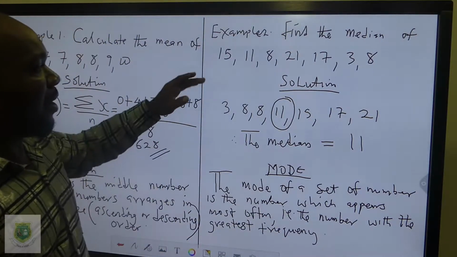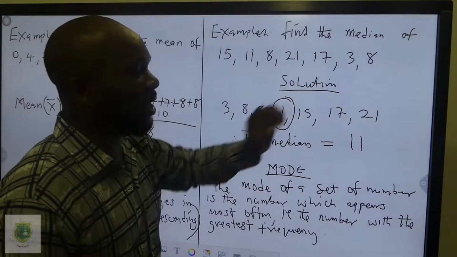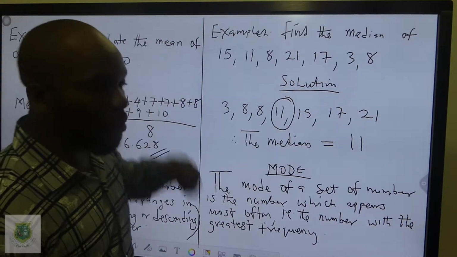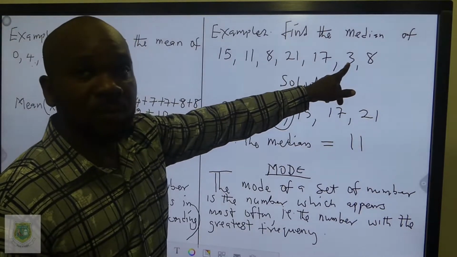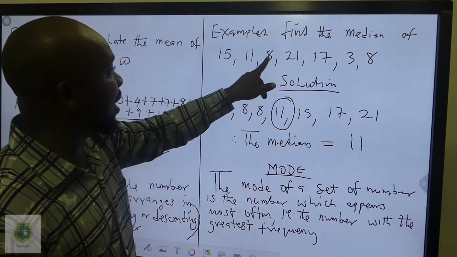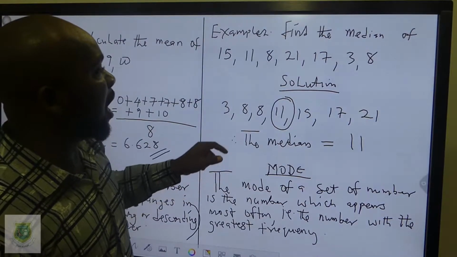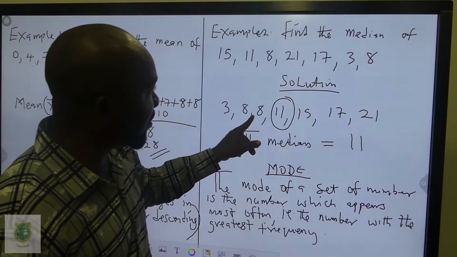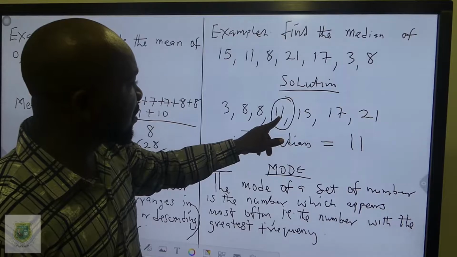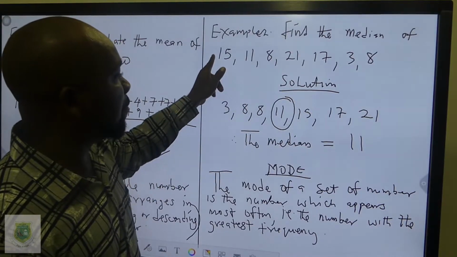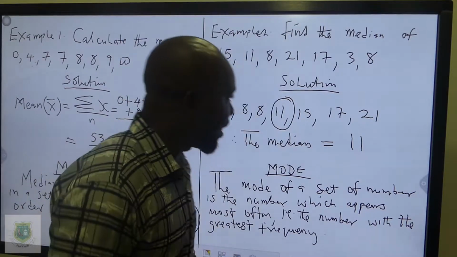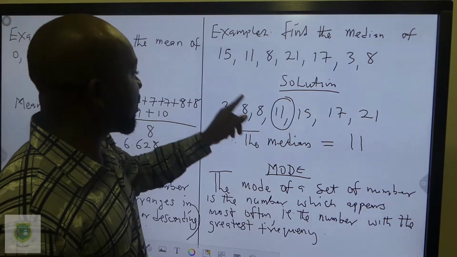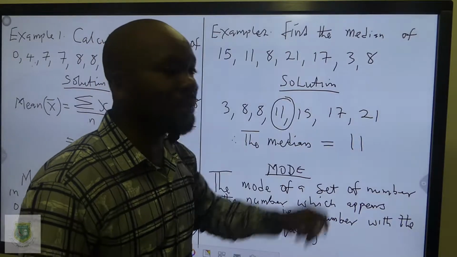In ascending order, we start from the smallest. The smallest number here is 3, followed by 8, 8, then 11, after 11 you have 15, then 17 and 21. Then you check how many they are: 1, 2, 3, 4, 5, 6, 7.